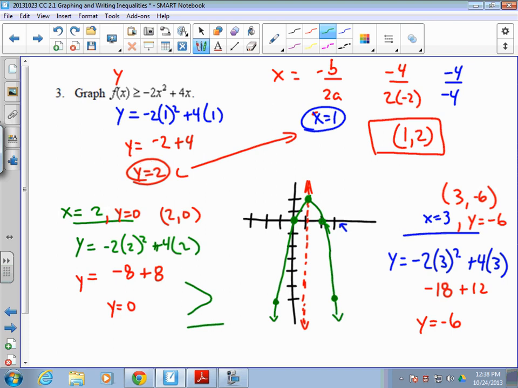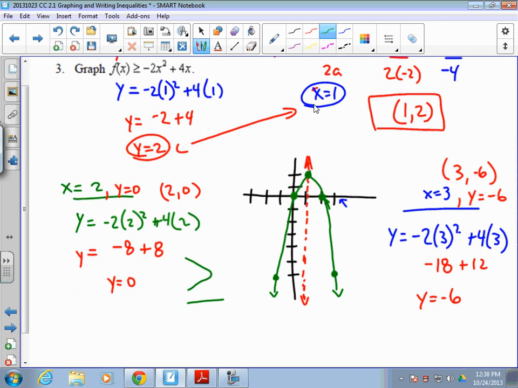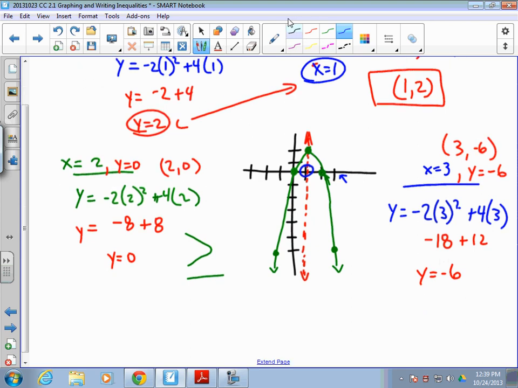But then what we have to do is determine if we're going to shade the right-hand side, if we're going to shade inside of it or outside of it. Normally we would try to use 0, 0, but 0, 0 is not an option here. So we use a point that's not on the line. And let's say we'll use this point 1, 0. That's inside of the parabola. So we want to see if we have a true statement or not.